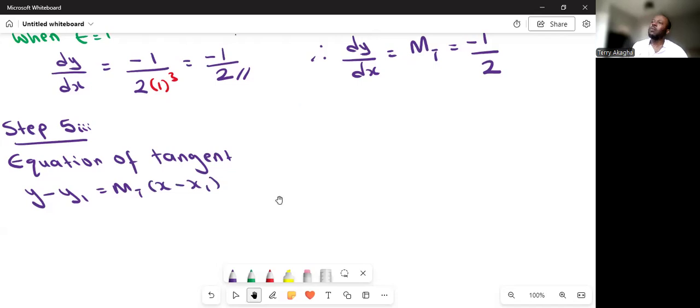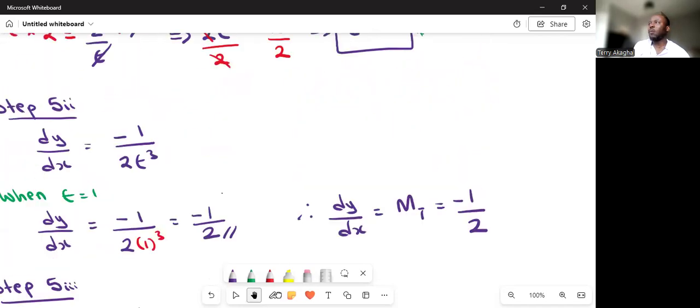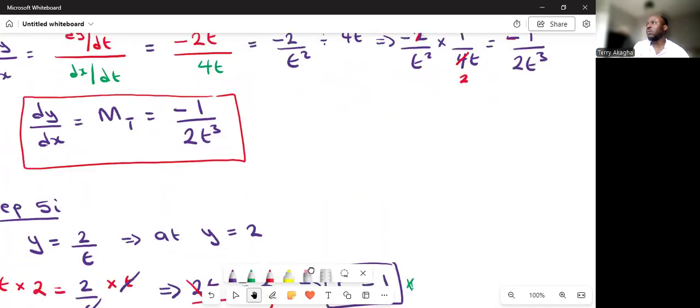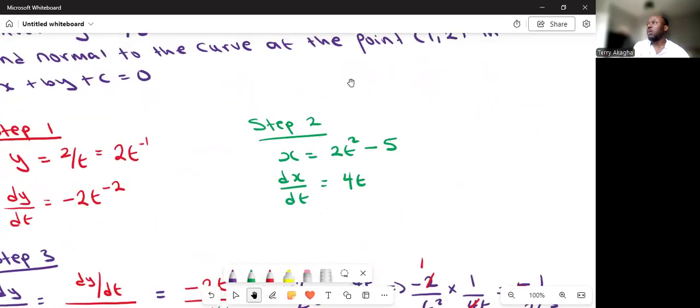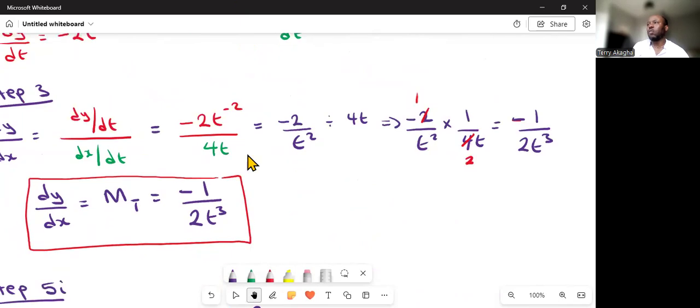Now we can see here that we have our mt to be minus 1 over 2. Now the x and y was given in the original question to be 1 and 2. So now we can go back and use it to solve.